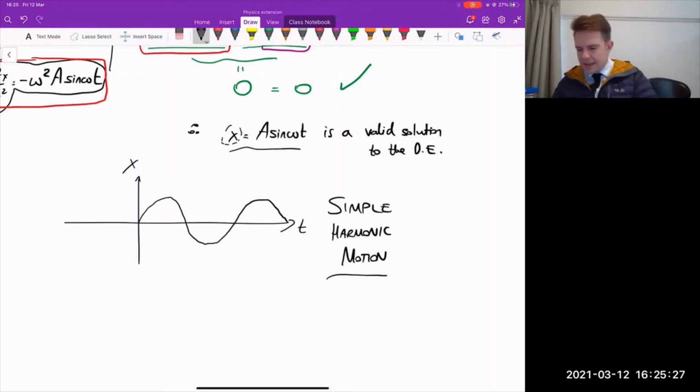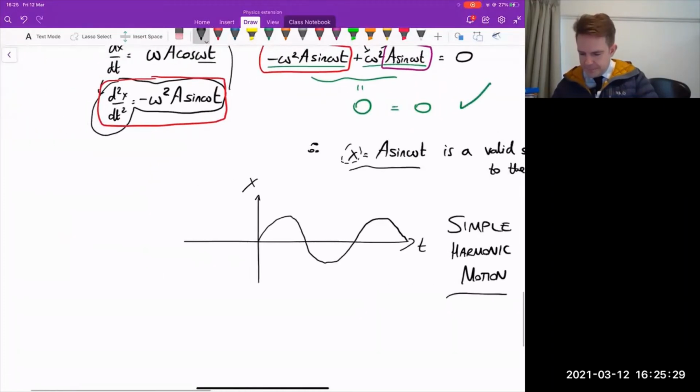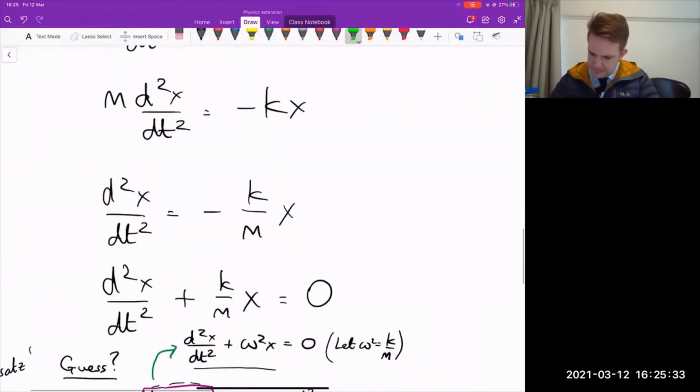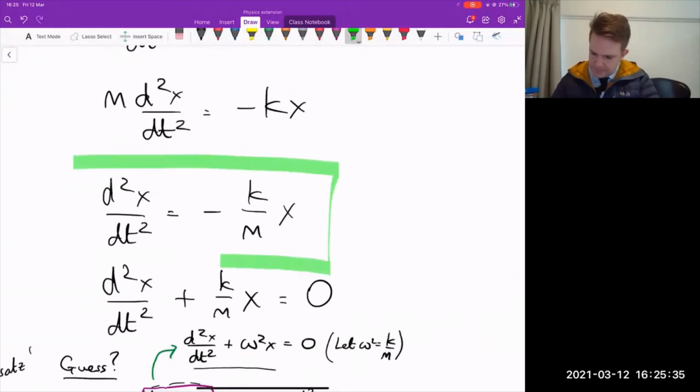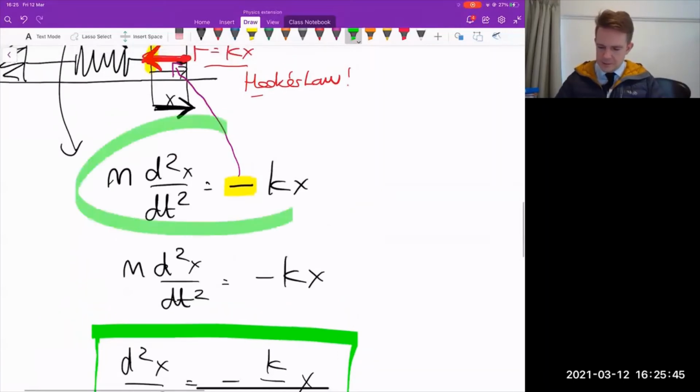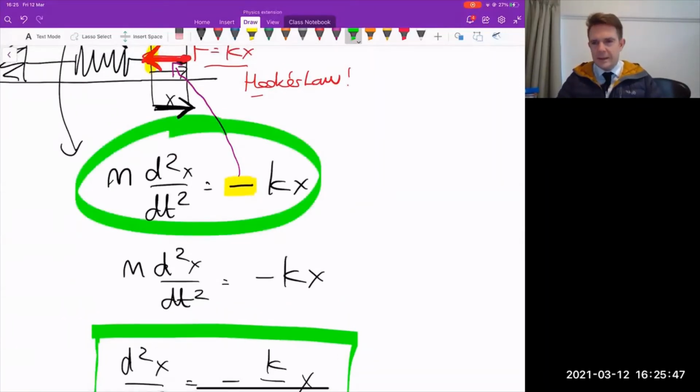Well, really, it came from this. So the Newton's second law, d2x by dt squared equals minus k over m x. Remember that's what we started with, F equals ma, with minus kx being the force.